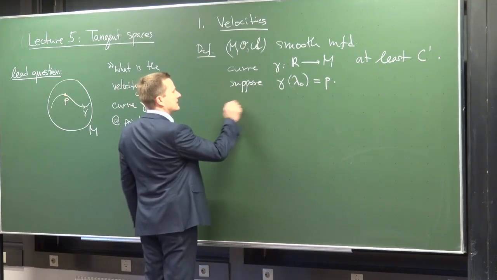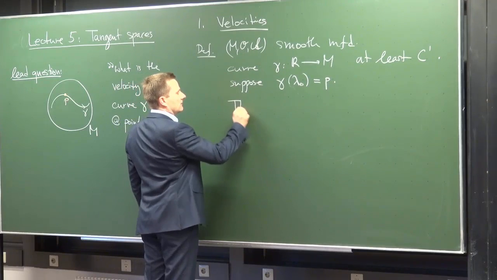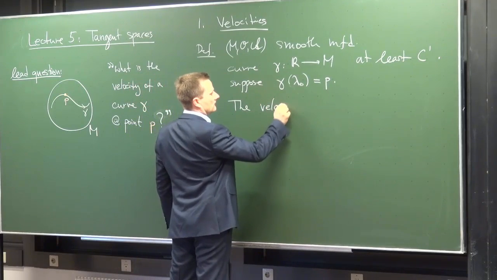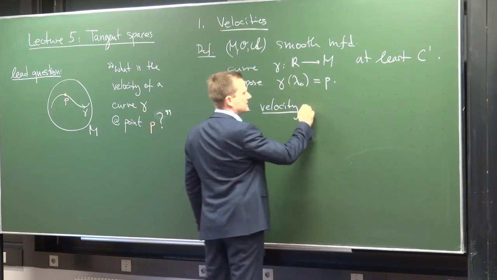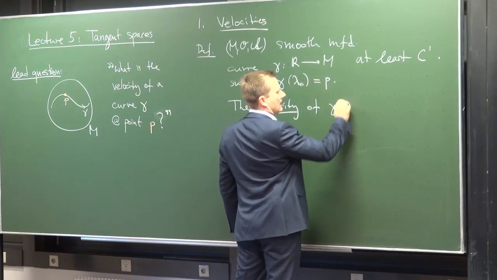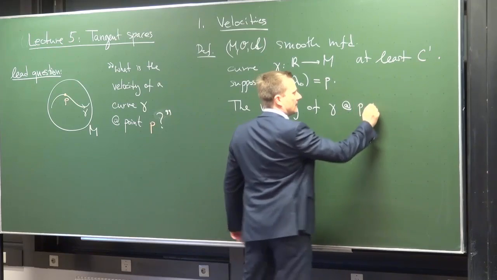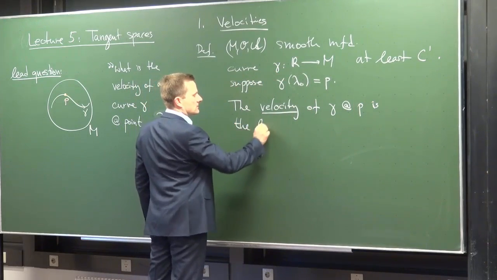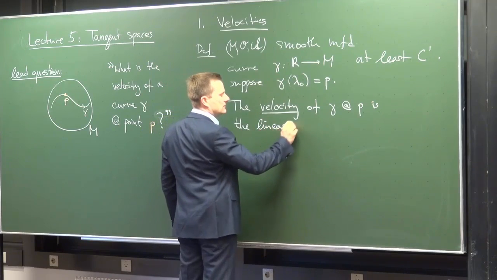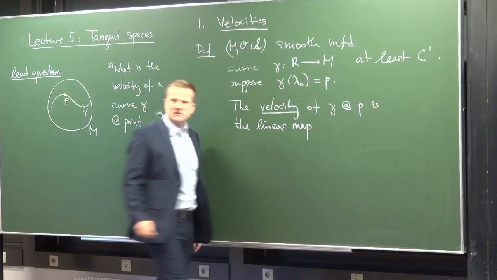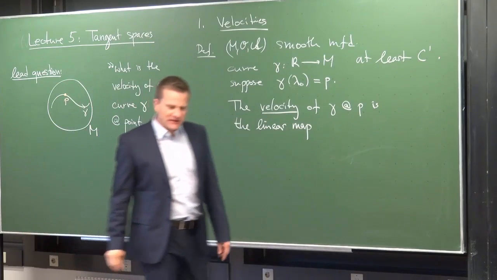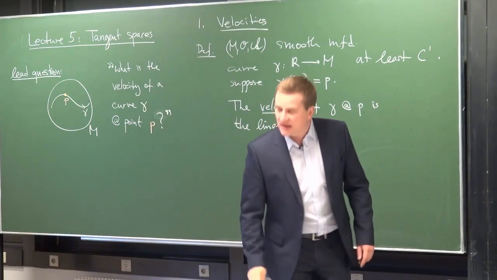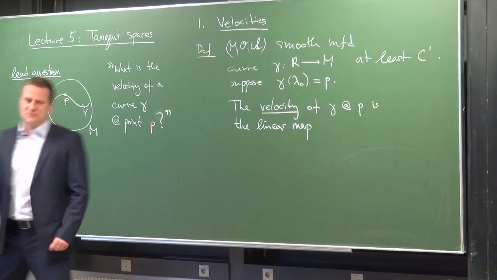Now there's the following definition. The velocity of gamma at P is, and now it comes, a linear map. This is something you need to get used to, that velocities, and vectors in general, but we start with velocities, are linear maps.